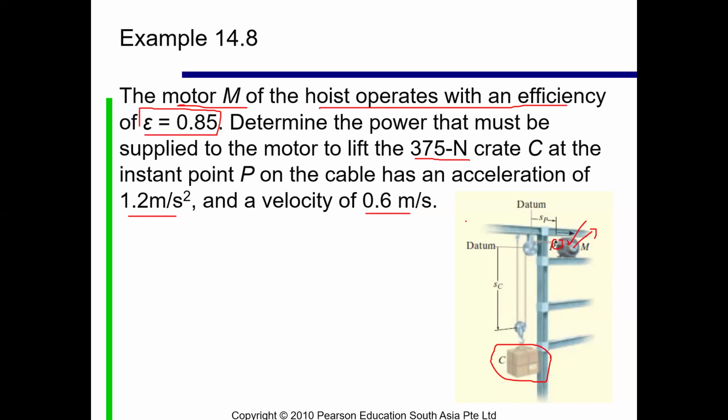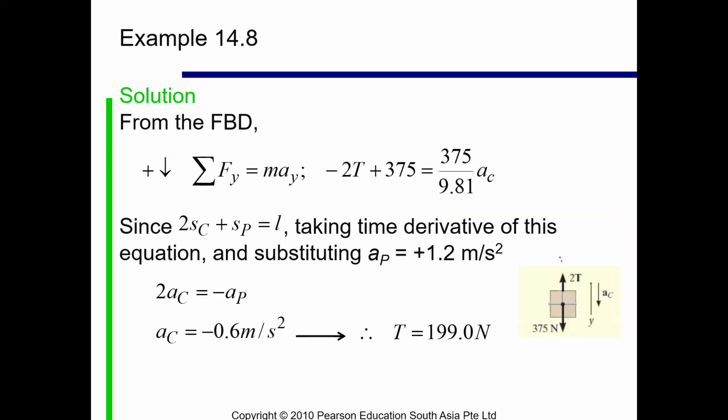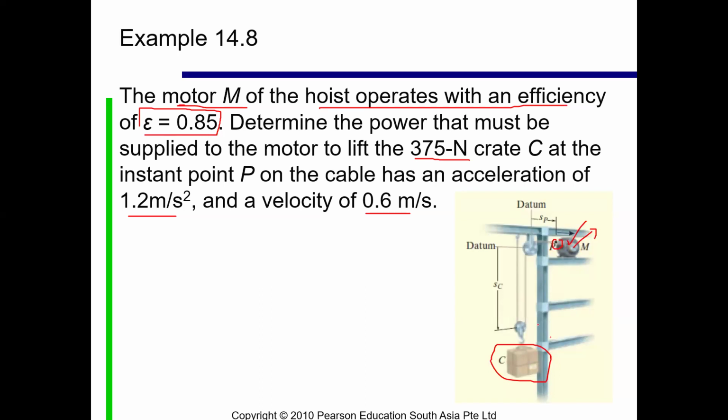It is going downward because of the action of the weight, and this is the motor power that is included. So students, in this case, the first thing we need to do is take the free body diagram. This free body diagram is related to this part.